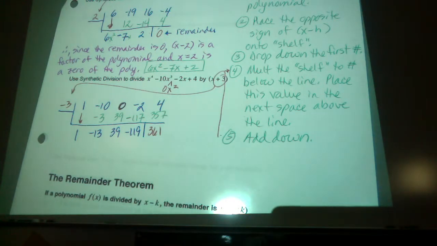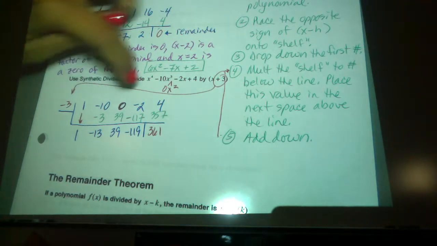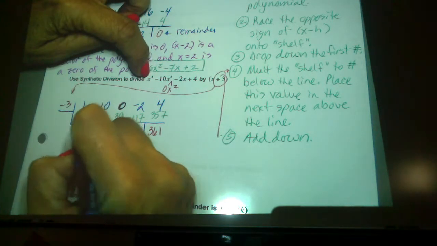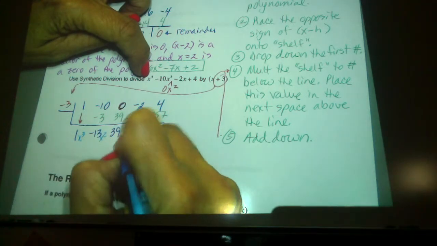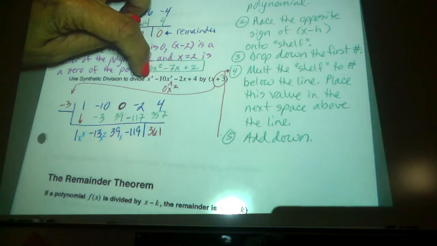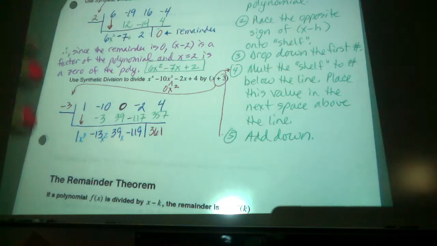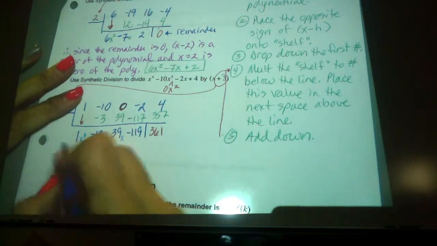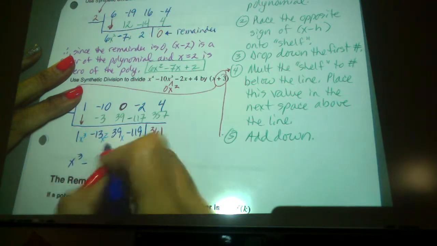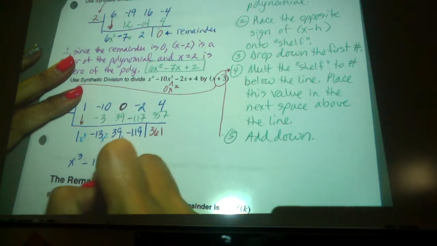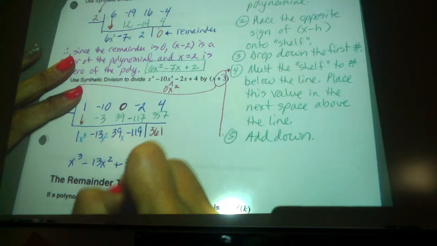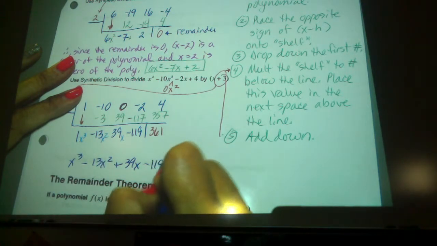So, here's how we're going to write it. I start with an x to the 4, so this is x cubed, x squared, x, and that's constant. So my answer will look like x cubed minus 13x squared plus 39x minus 119.